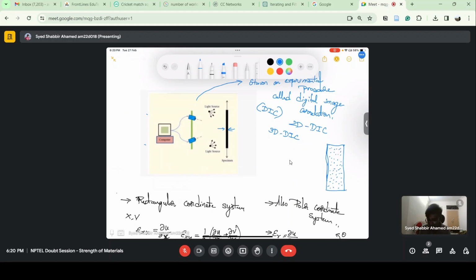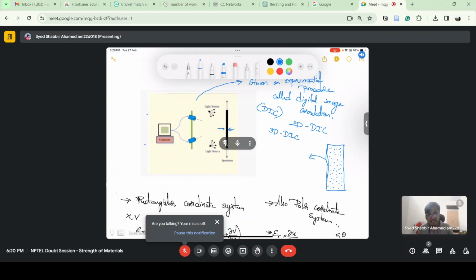We first take the undeformed image, and then as we apply load, throughout the experimental procedure, we are continuously taking images at a very high rate. So a lot of images are taken.